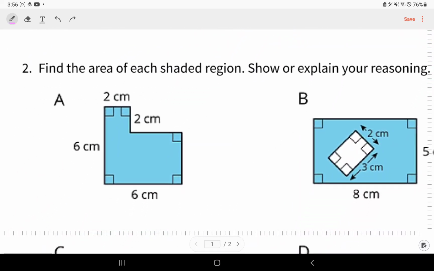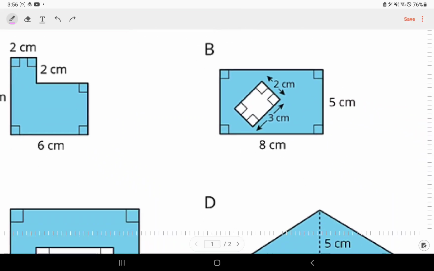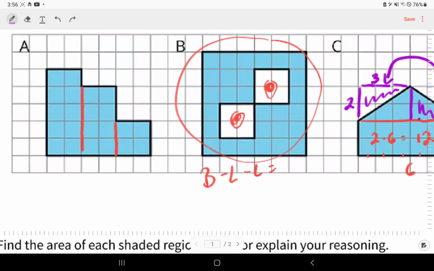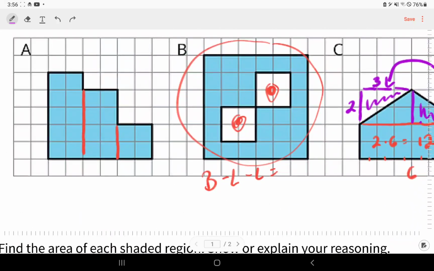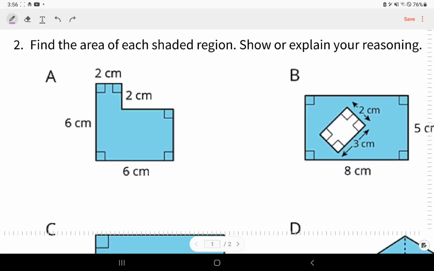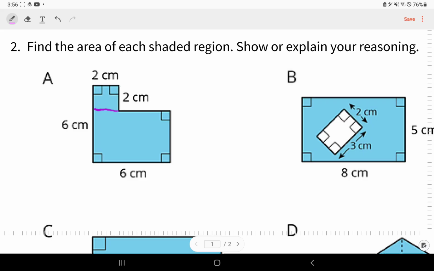Okay. And now for these questions, it's the same idea. It's just they're not on the grid like A, B, and C are. So I personally would split this one right here and find the area of this square and find the area of this rectangle and add them together.